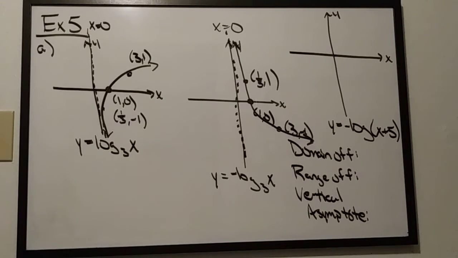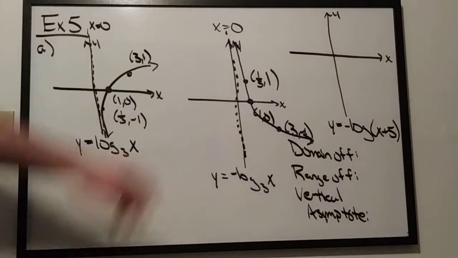The addition of 5 is on the inside of that set of parentheses. That means that's a horizontal transformation. In particular, it's a horizontal shift. Remember that horizontal shifts are backwards from what you would expect. So when you add 5, you're actually going to go to the left 5 units. So now let's take this second graph and shift everything to the left 5 units.